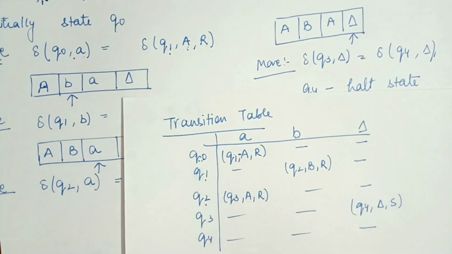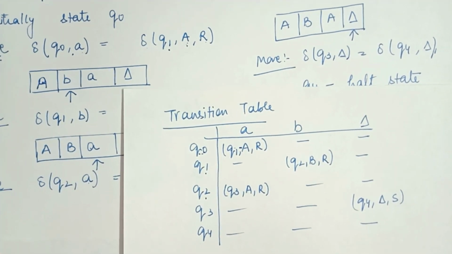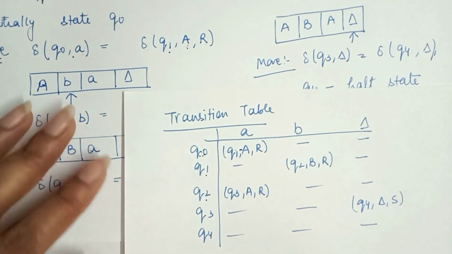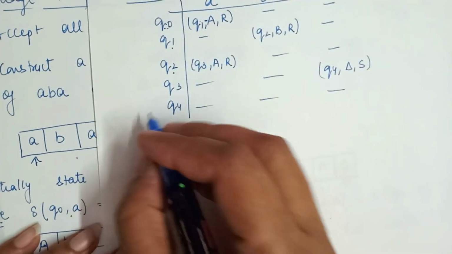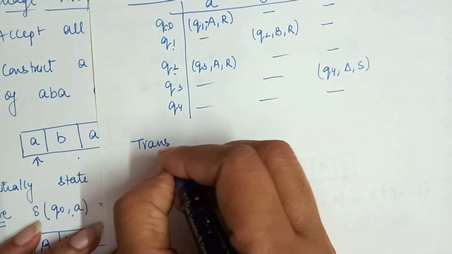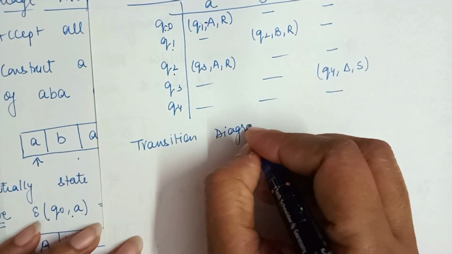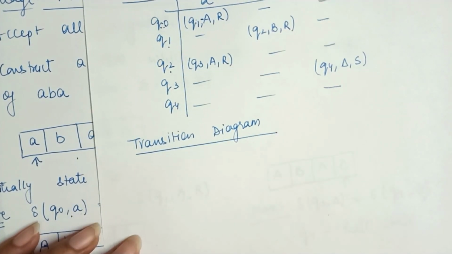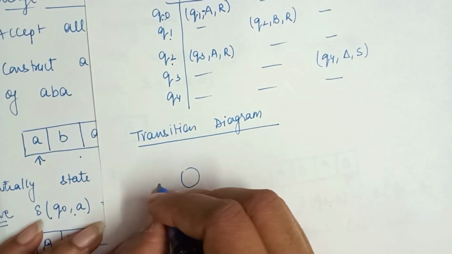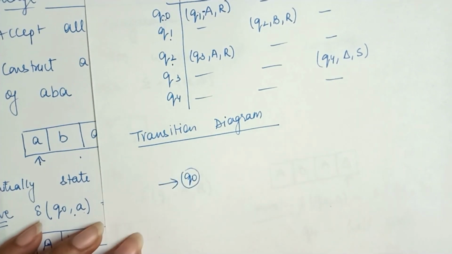Now, if we have to design the transition diagram for this particular example, how do we construct it? For the transition diagram, initially we are on the Q0 state, so Q0 is the initial state.